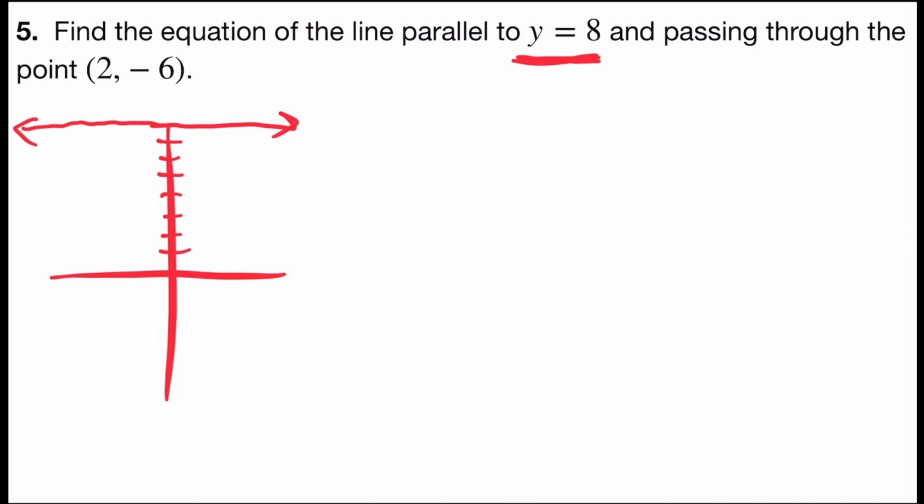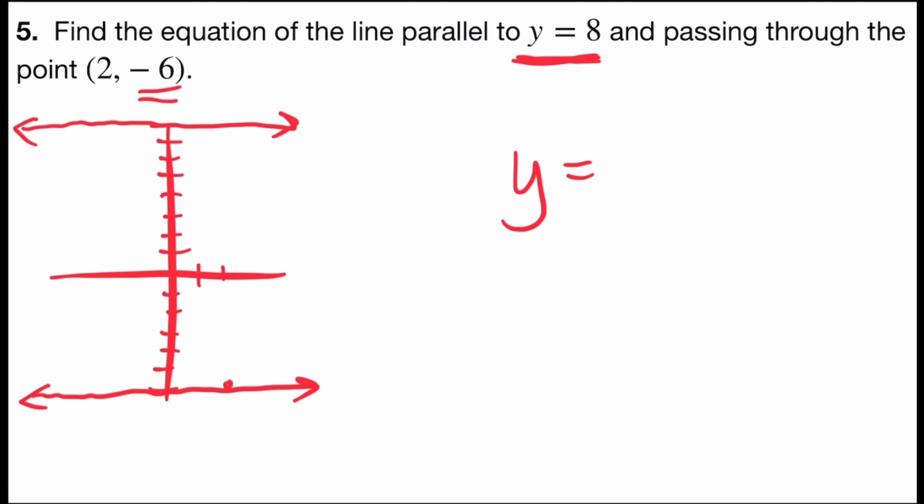So the parallel line is going to be a y equals line, and we want it to pass through the point (2, -6). So that would have to be a horizontal line passing through whatever the y coordinate is.